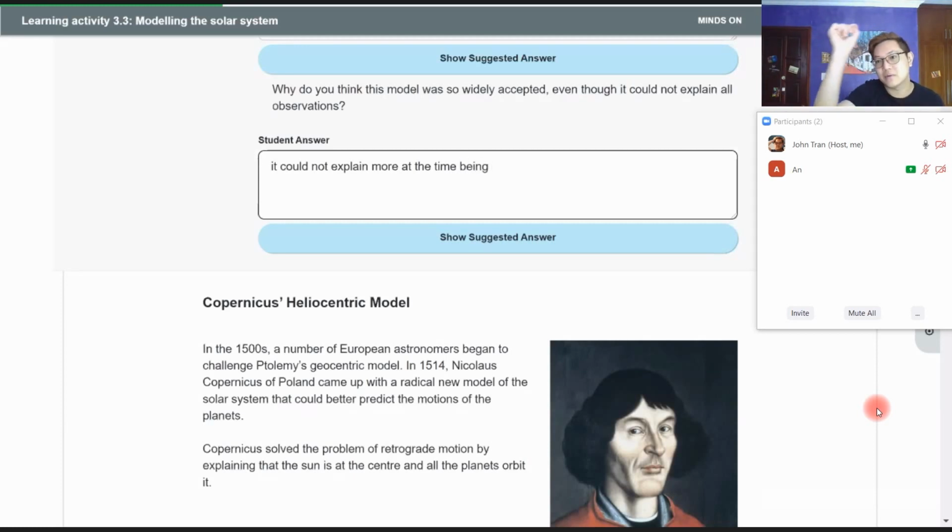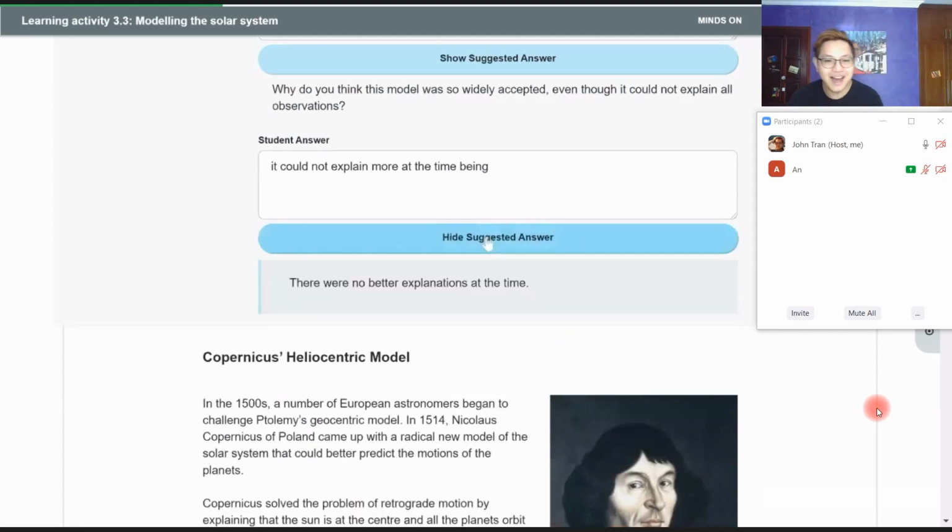But when things go backward like that, retrograde, it's not that important to human understanding back then. That's why people still accepted the geocentric model. That's what I think, but maybe the suggested answer may say otherwise. There was no better explanation at the time, exactly. Because back then people didn't know much. If there's something available, they will gladly accept it.